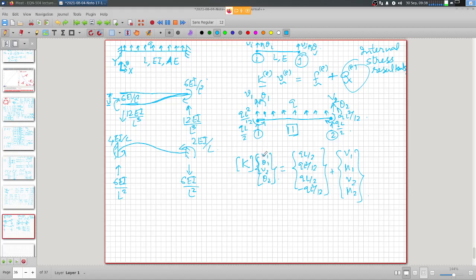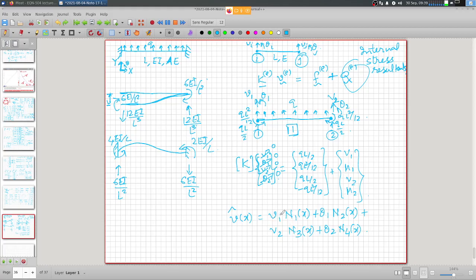And if I impose all of them to be 0, these are the boundary conditions, then we had the displacement approximation V hat = V1 N1(x) + theta 1 N2(x) + V2 N3(x) + theta 2 N4(x).